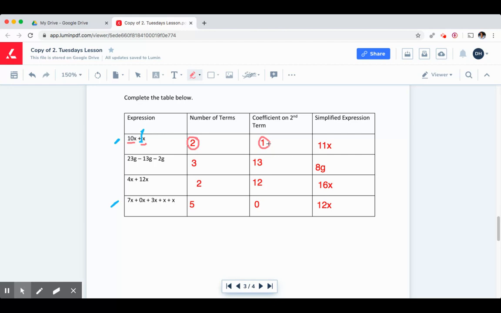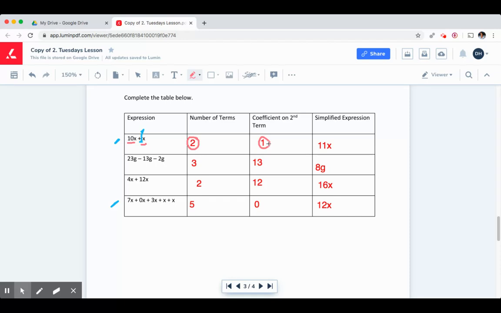And if you simplify this expression, 7x plus 0x still leaves you with 7x, plus 3x gets you 10x. And these last variables with no coefficient, you know that there is an imaginary 1 there. 10x plus 1x is 11x, plus another 1x equals 12x.